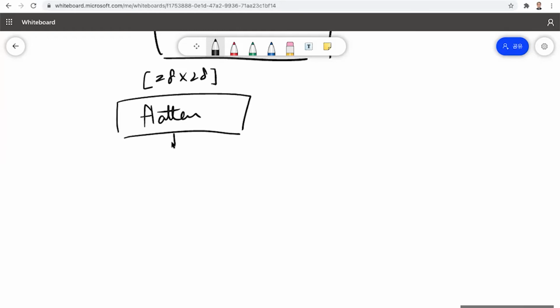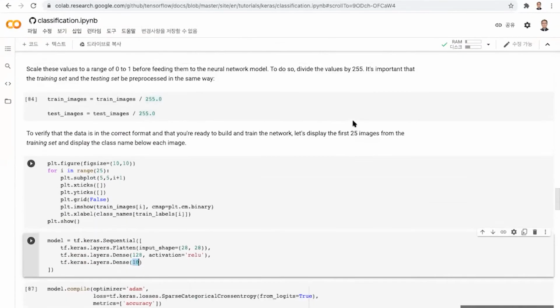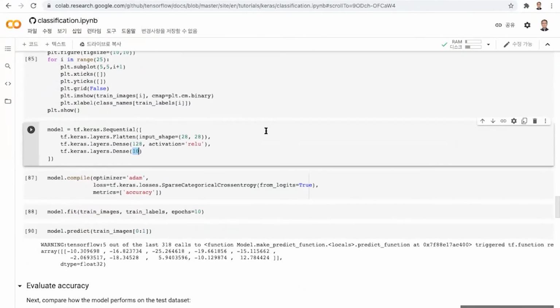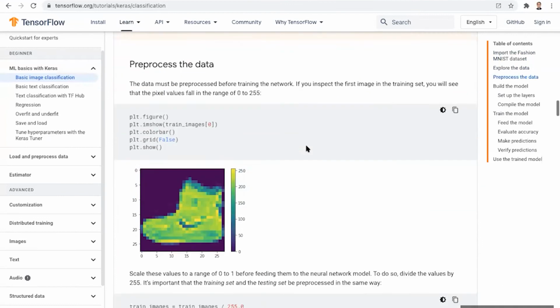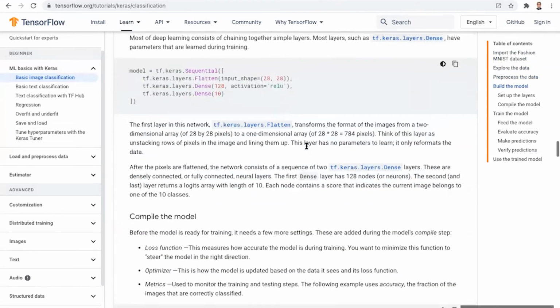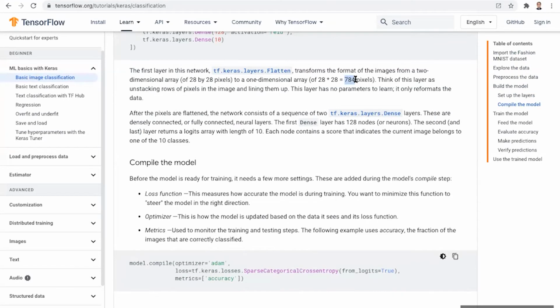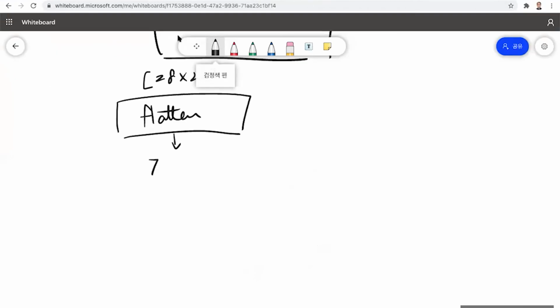And once we go through the flatten layer, it has, I don't know the number, 784, 784 columns.